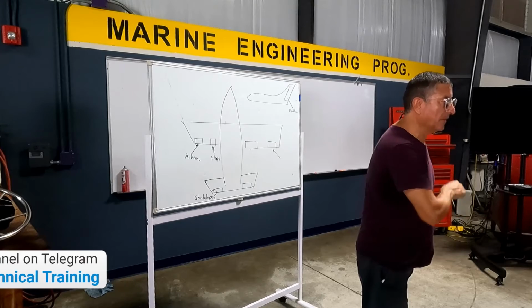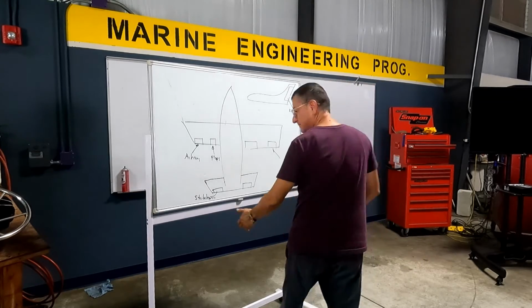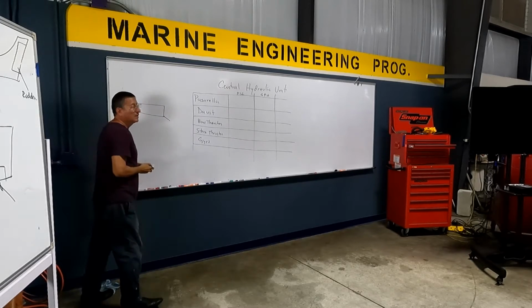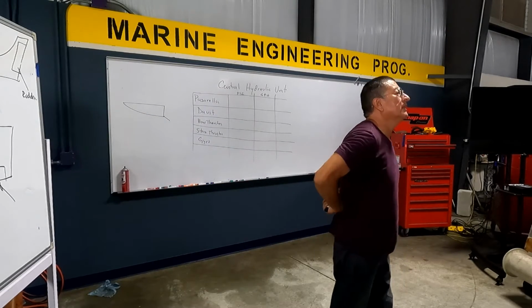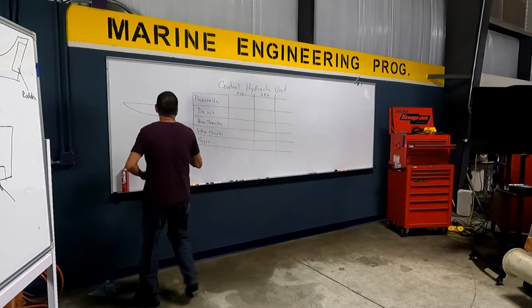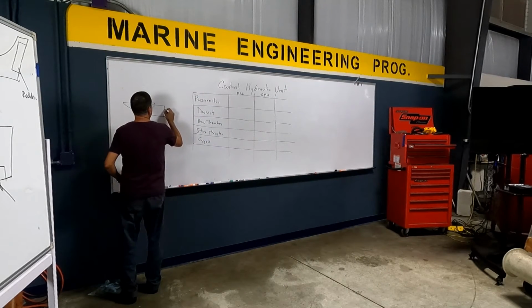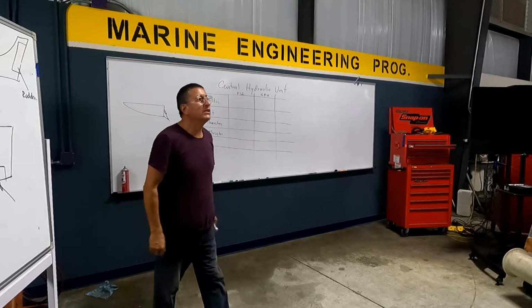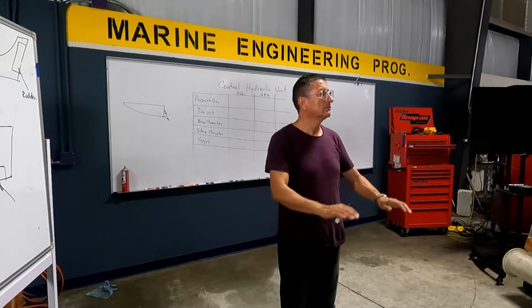Alright, this is in your airplane. In your boat, you have those elements, the twin tabs. Where are located? On the transom. What is the function? This is the boat.